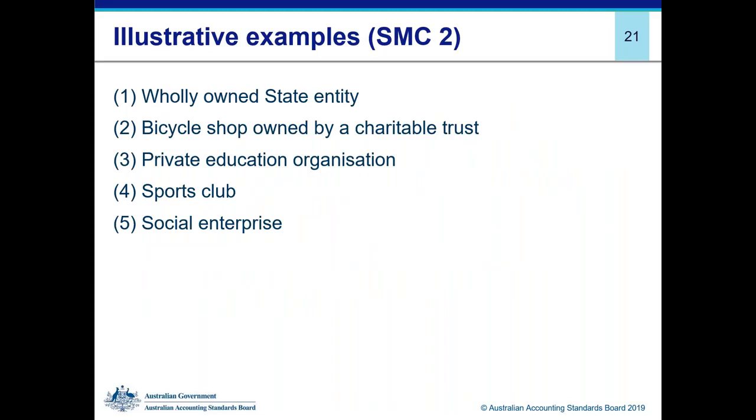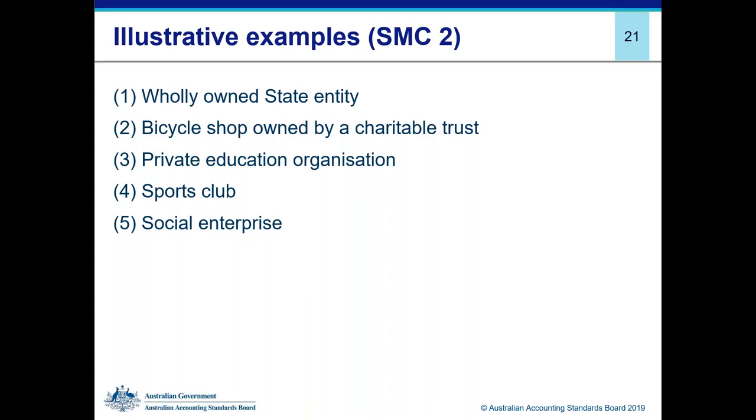Now, these illustrative examples are not intended to be prescriptive. They are not mandatory, so they don't actually contain mandatory requirements. The examples do not reach conclusions. They run through the various indicators that Peter has referred to in the cases presented, and say, well, if the objectives were this, then that implies for-profit.